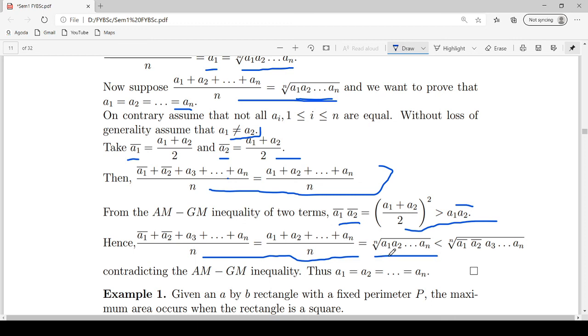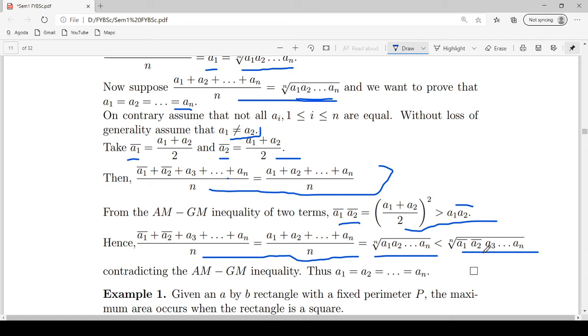But since a1 into a2 is strictly less than a1 bar into a2 bar, the product a1, a2, an is strictly less than a1 bar into a2 bar into a3 up to an. Therefore, the nth root of a1, a2, an is strictly less than the nth root of a1 bar into a2 bar into a3 up to an.